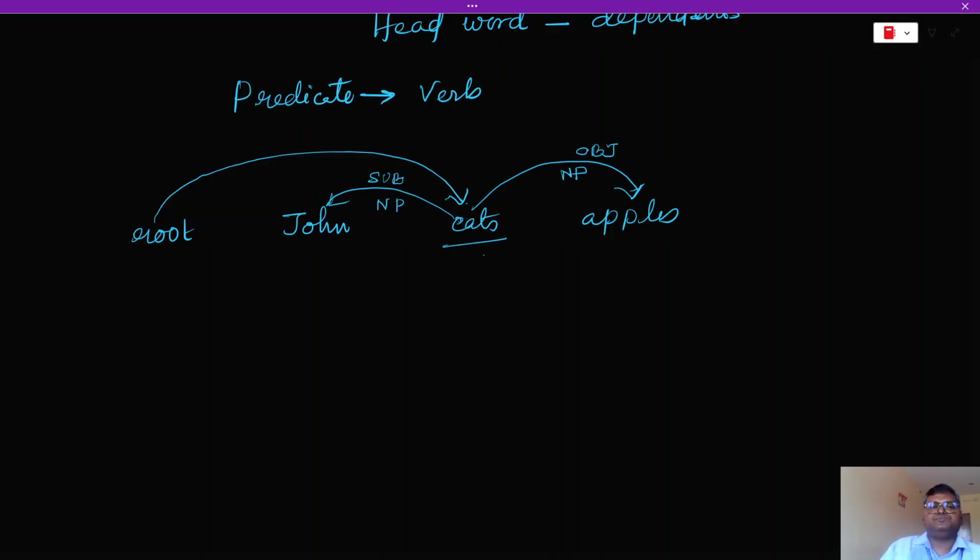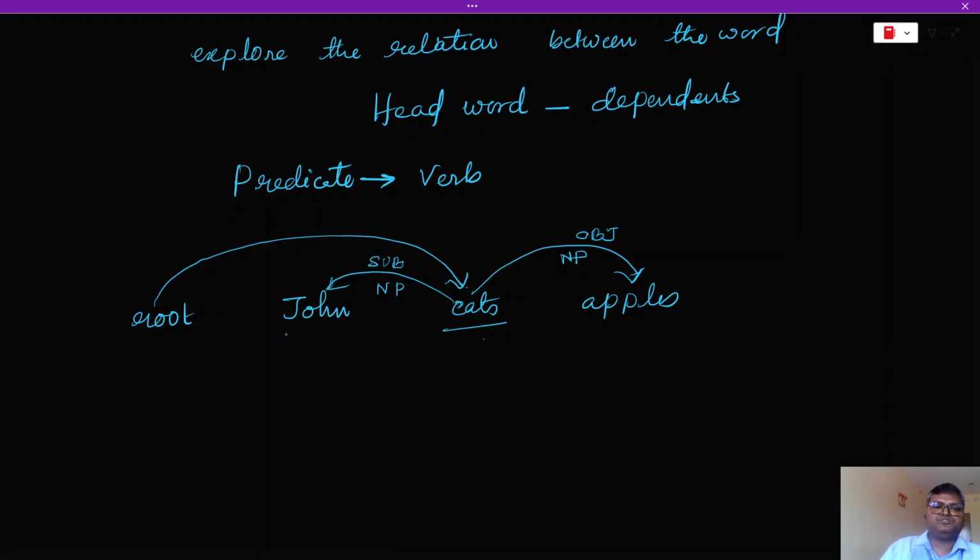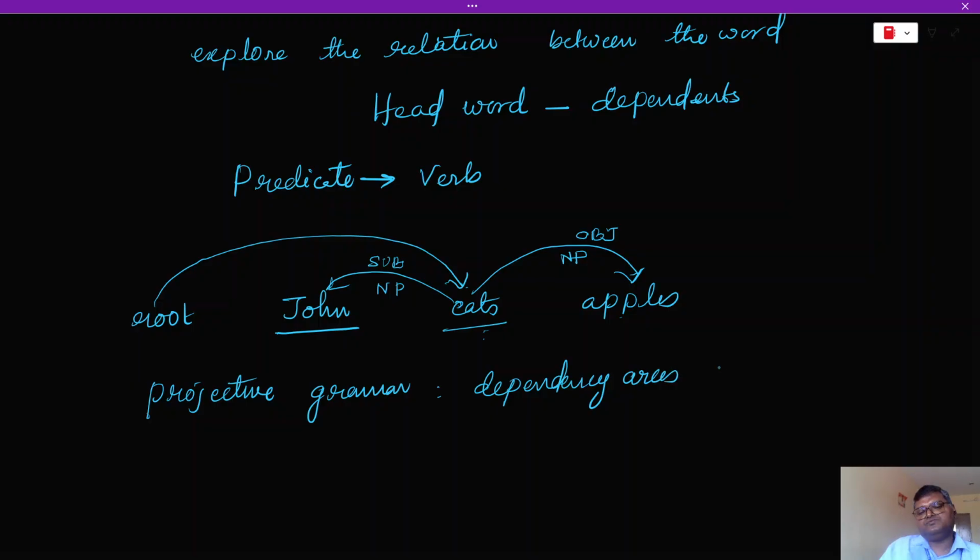So dependency parsing is more effective because it captures the relation or dependencies among the words. And if these arcs don't intersect each other, we call that type of dependency parsing grammar projective grammar. What is projective grammar? Where the dependency arcs will not intersect each other.